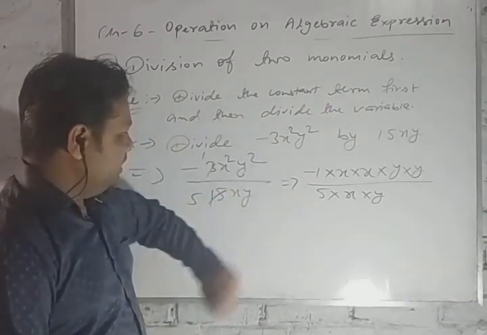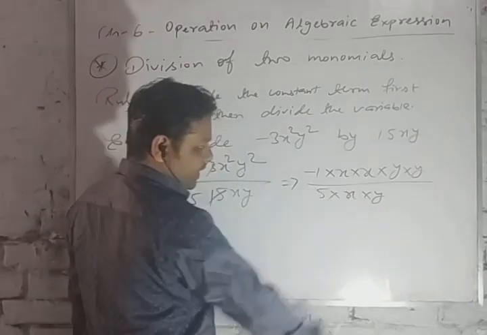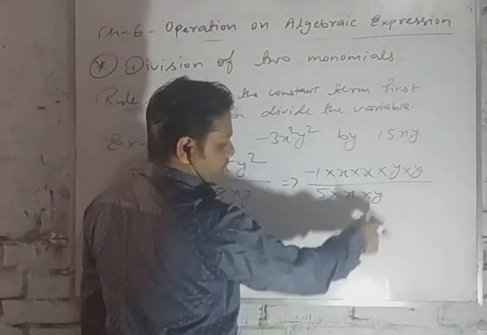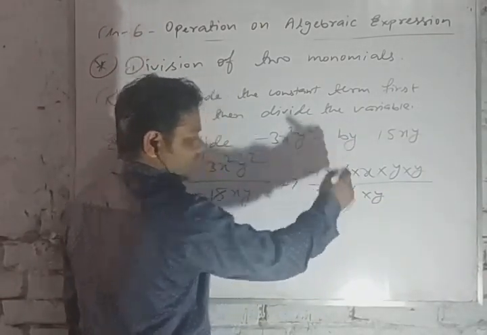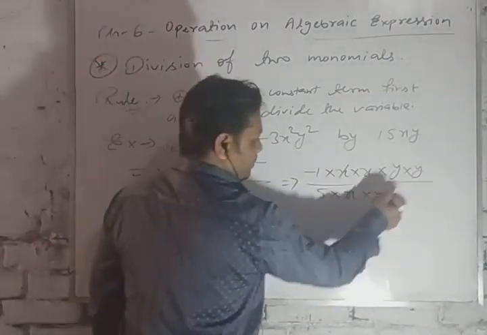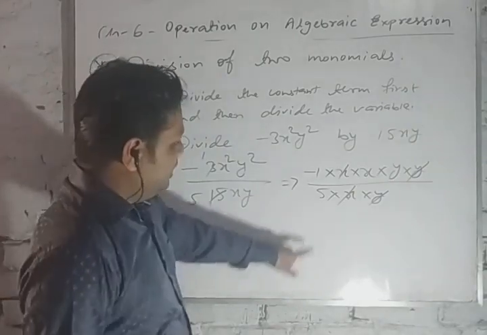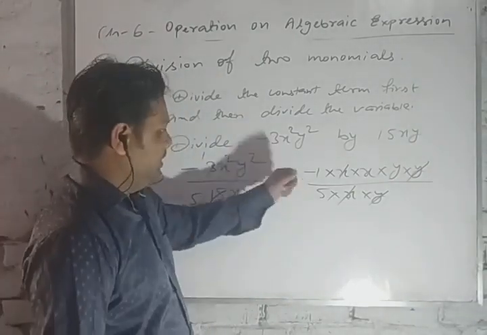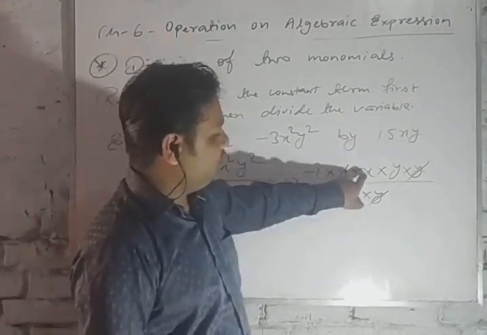Now let's see, here you can see there is only 1x, and in the numerator there are 2x. Then cut one x from the x, and then y from y. Now what is left in the denominator? Only 5, and in the numerator there is minus 1 into x and y.